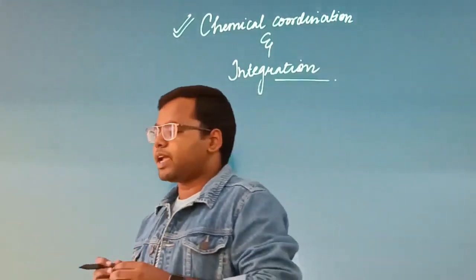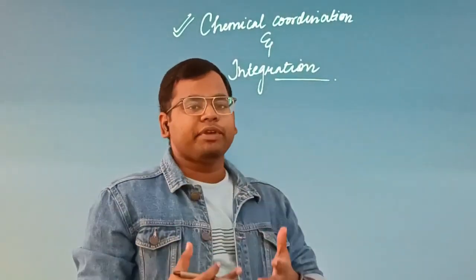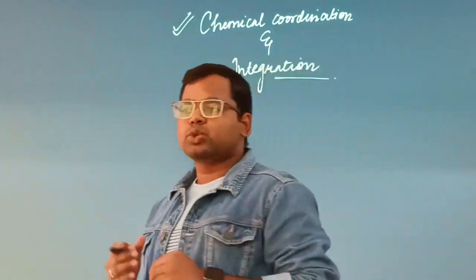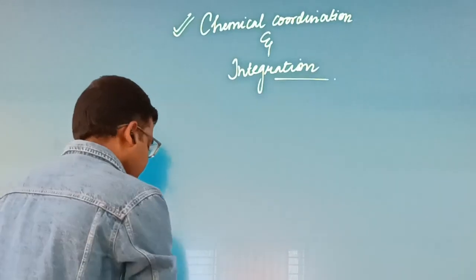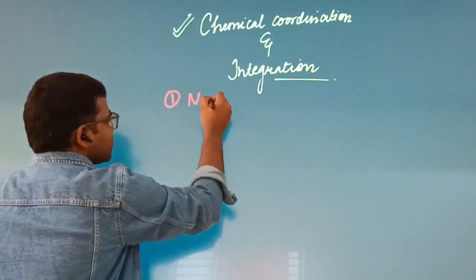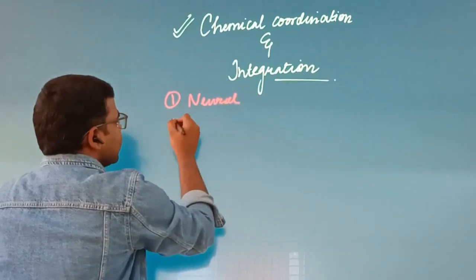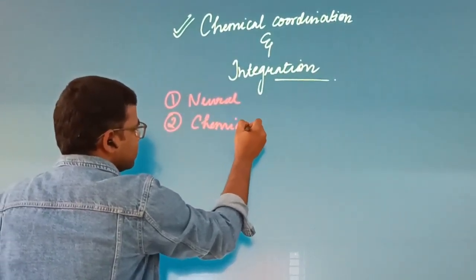So students, let's understand firstly, there are lots of living organisms in this world, and specifically if we talk about the higher living organism, so there are two systems which control and coordinate all the activities. The very first system is neural system, and the second one is chemical system.